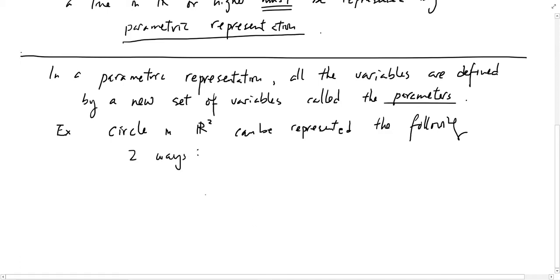And that distinguishes the two different ways to represent any object in space. One is called equation and the other one is called parametric representation.